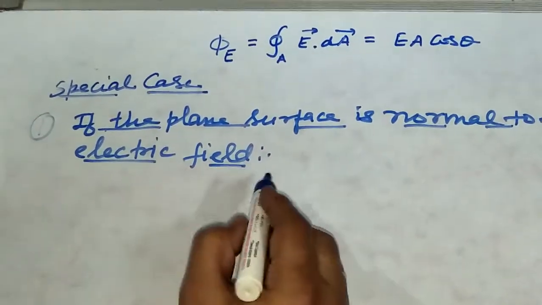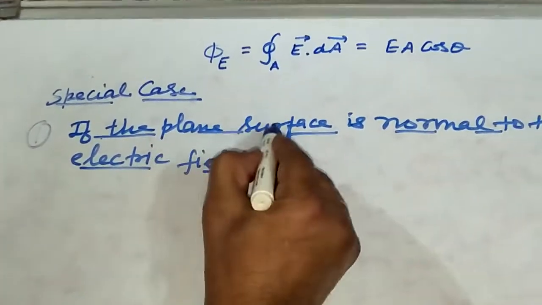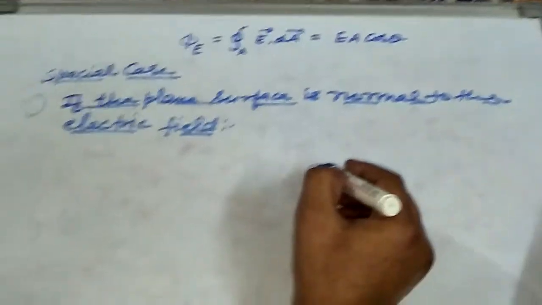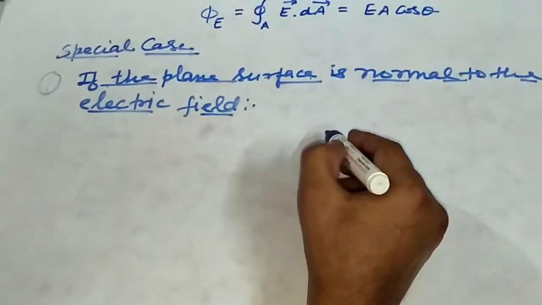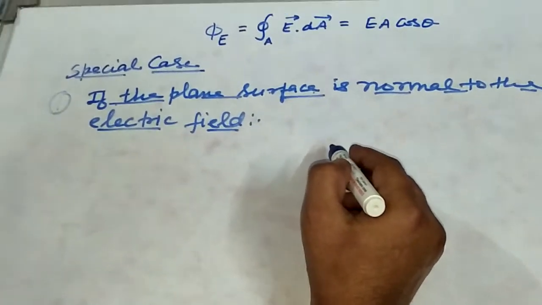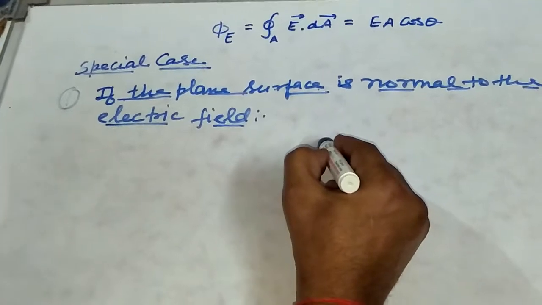Dear student, be careful about this one. Here the plane surface is normal to the electric field. Then remember the example which I have already given, the umbrella one.